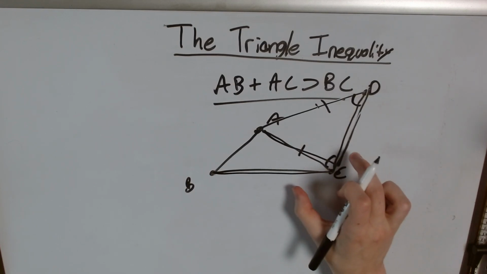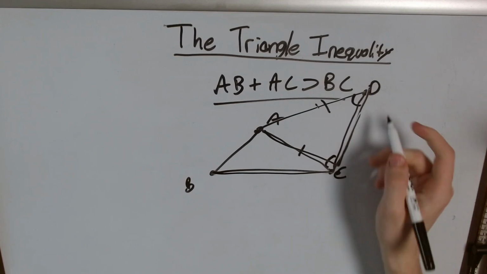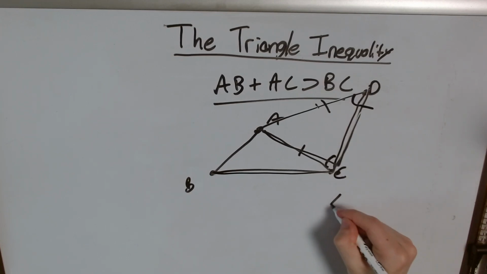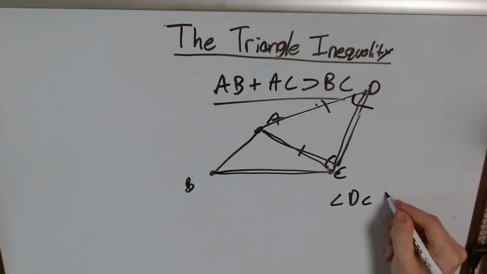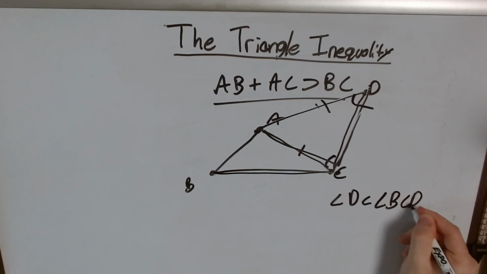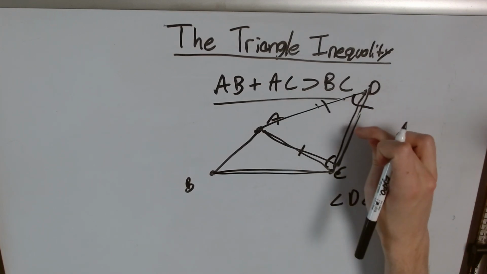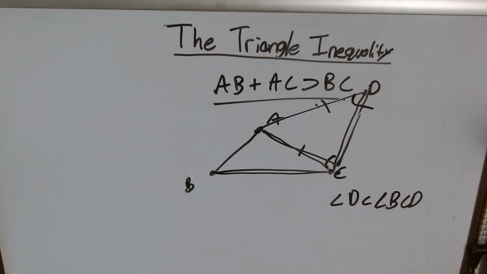ACD is just a smaller portion of BCD, which means angle D is going to be smaller than angle BCD because it's equal to this, which is a smaller portion. Makes sense. But where are we going?